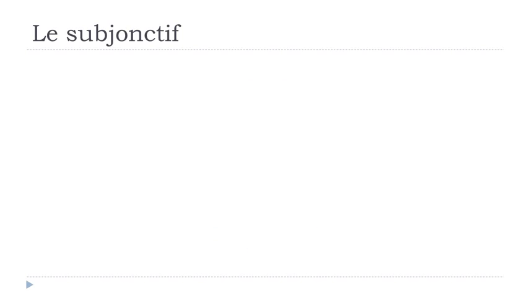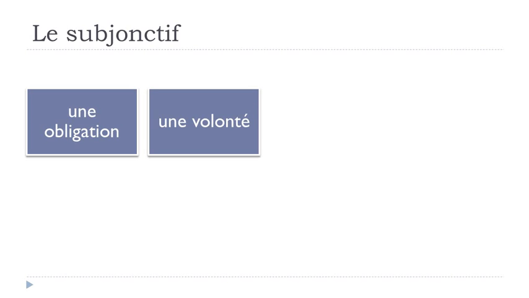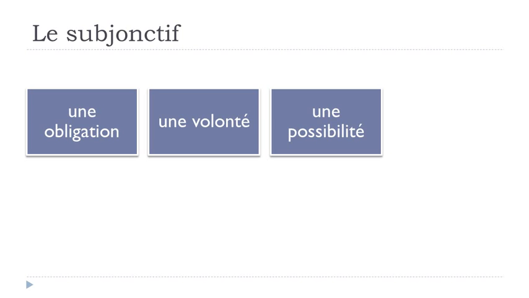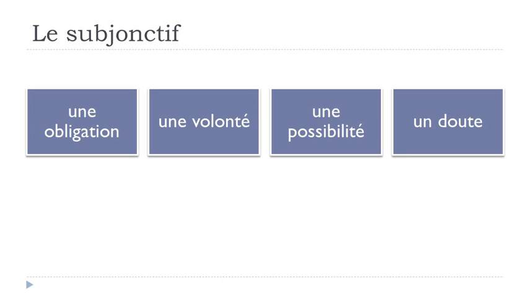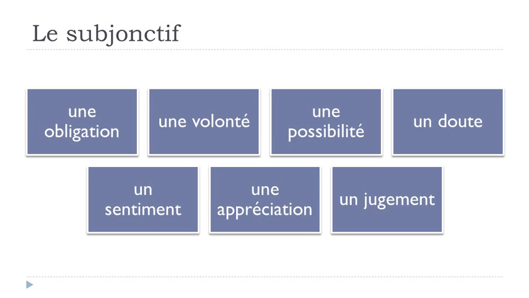And so we'll use le subjonctif when we want to express une obligation, une volonté, une possibilité, un doute, un sentiment, une appréciation, un jugement. Okay, so that's the idea.